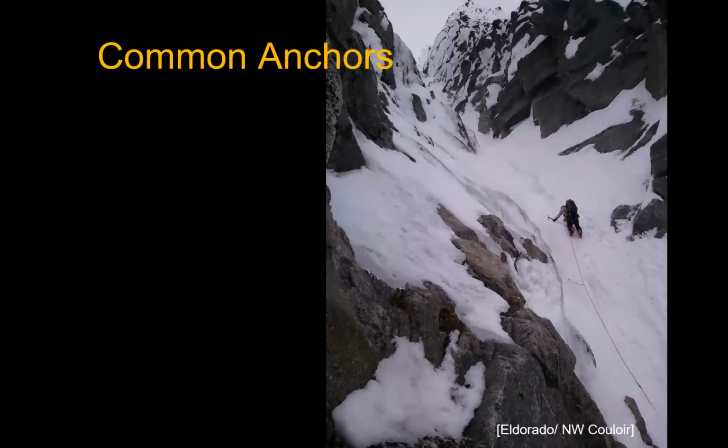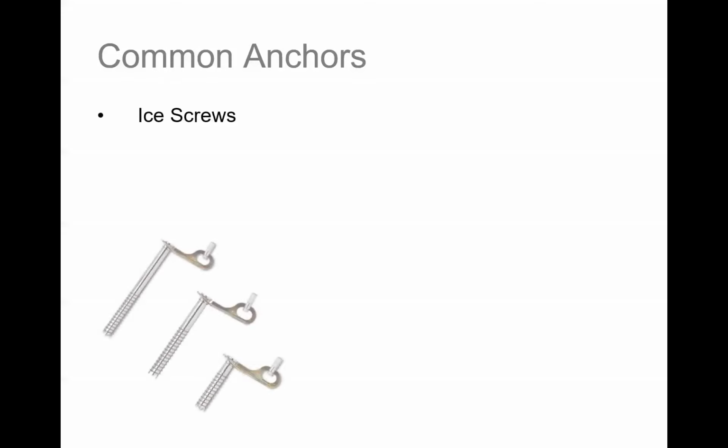I'm going to talk a little bit about anchors. We have ice screws, which essentially are pieces of metal, and they make them out of titanium or steel. They do make aluminum ones, but they're a little bit harder to drive.